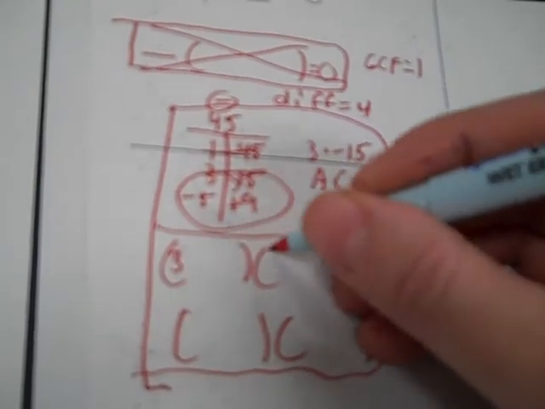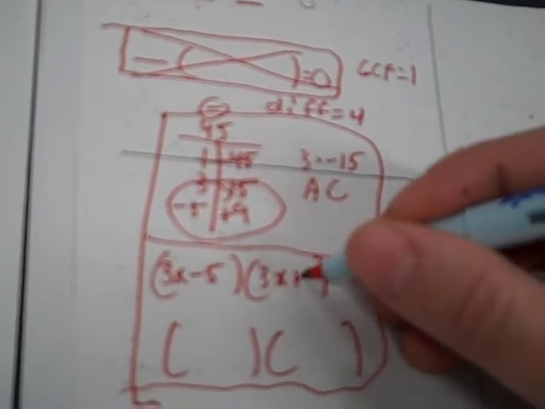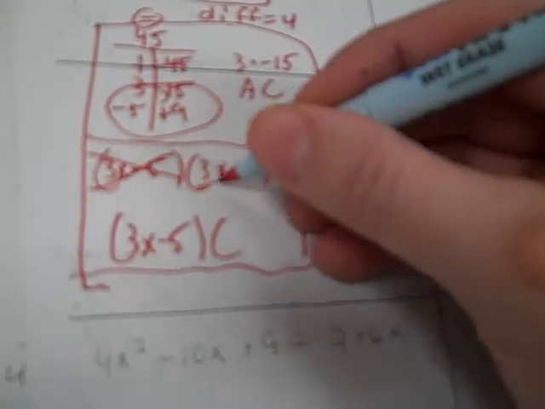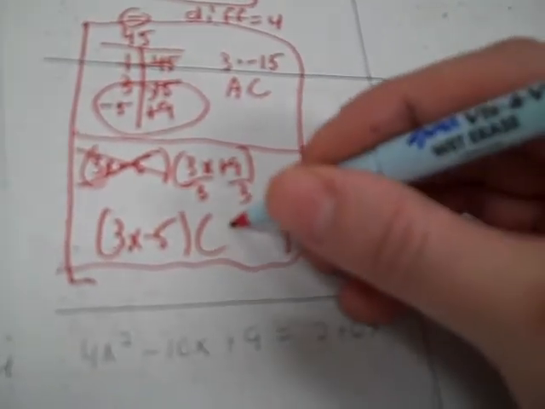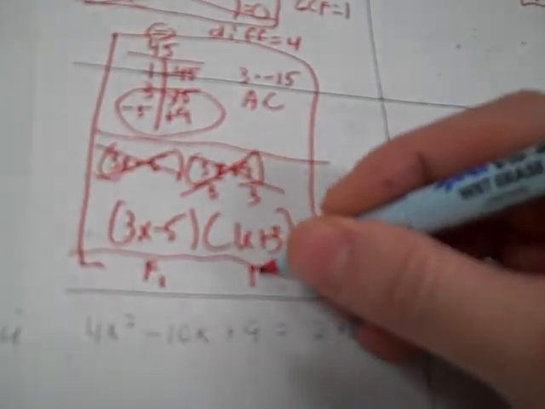So again, if we don't have a 1, you want to go 3 and 3. Break that up. X minus 5 plus 9. 3 comma 5, the GCF is going to be 1, so that stays 3x minus 5. 3 comma 9, the GCF is 3. So 1x plus 3. So that's F1, that's F2.